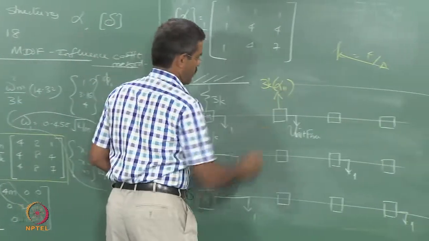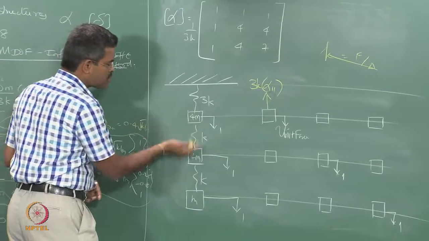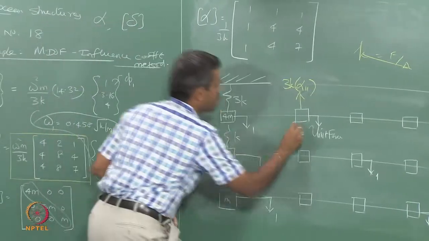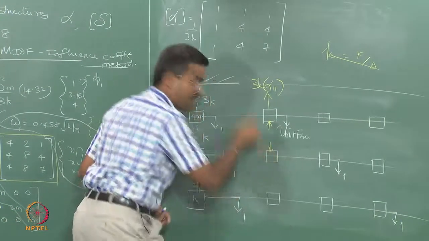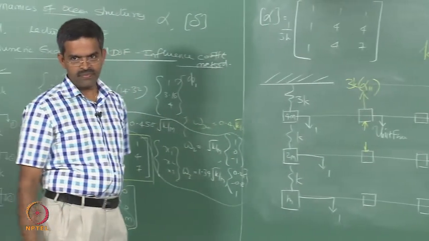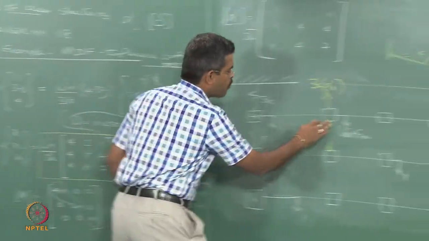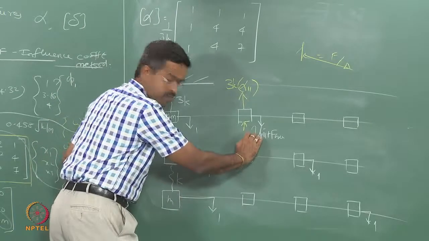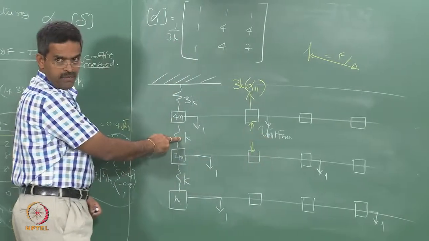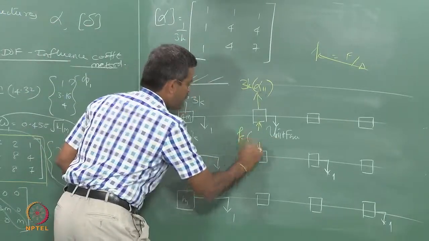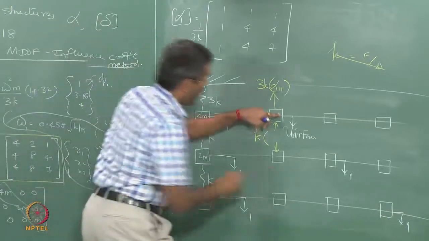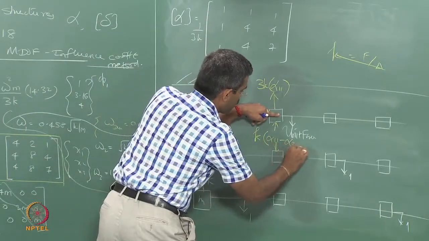So, 3k alpha 1 1. Now, when I try to pull this mass down, this spring will push it up as usual. So, I will mark the arrows here and here in parallel. I write the value of both of them common at the center, which will be the stiffness of the spring, k, multiplied by alpha 1 1 minus alpha 2 1.